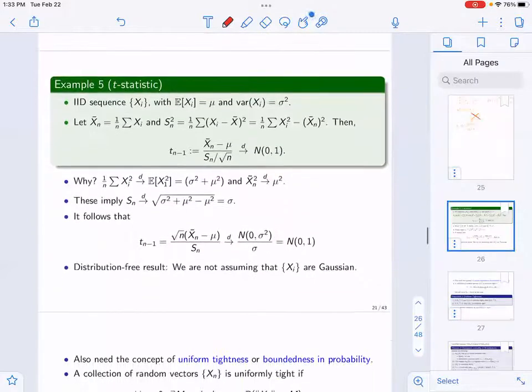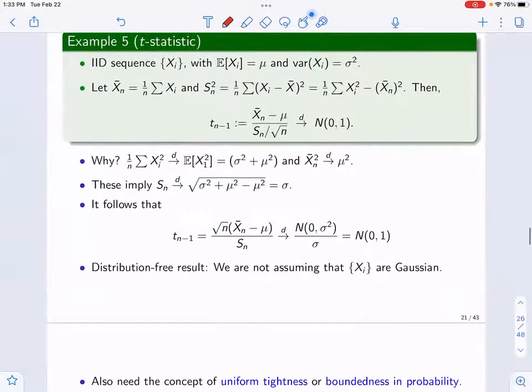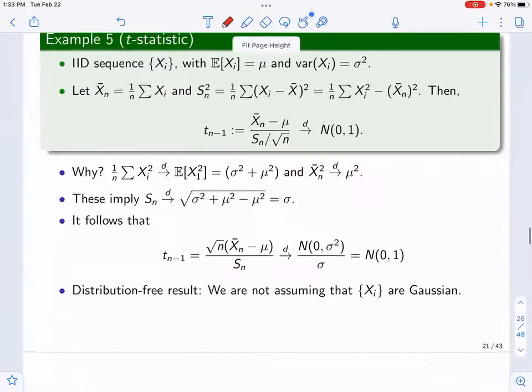Okay, here's another example. We have an IID sequence. The expectation is mu, variance is sigma squared. I look at the sample mean, and this is the sample variance, one version of the sample variance.